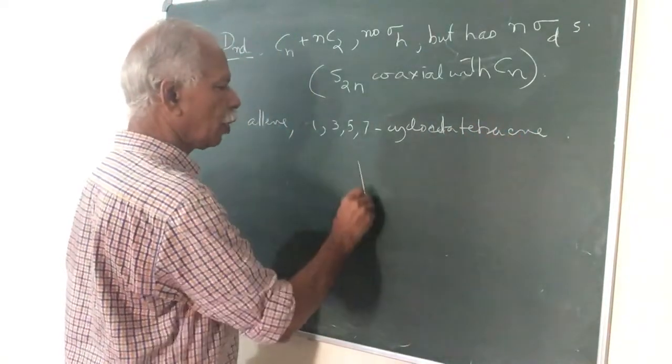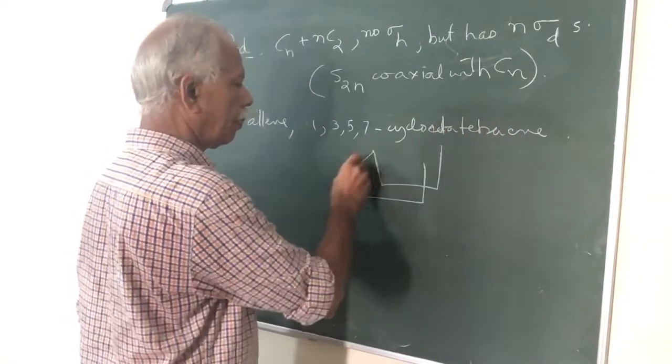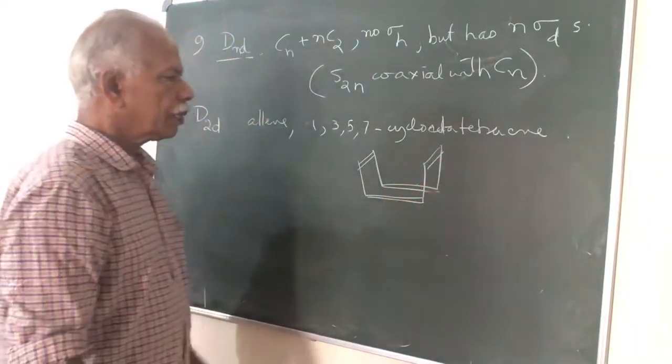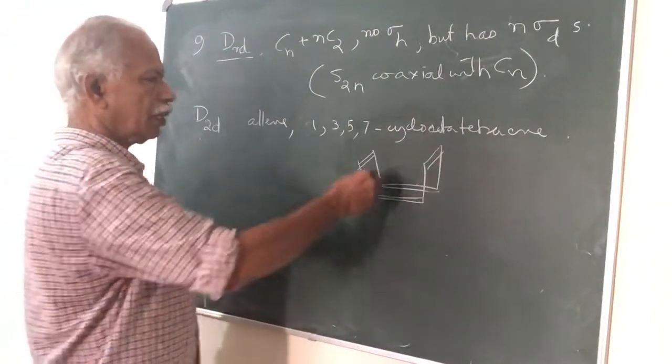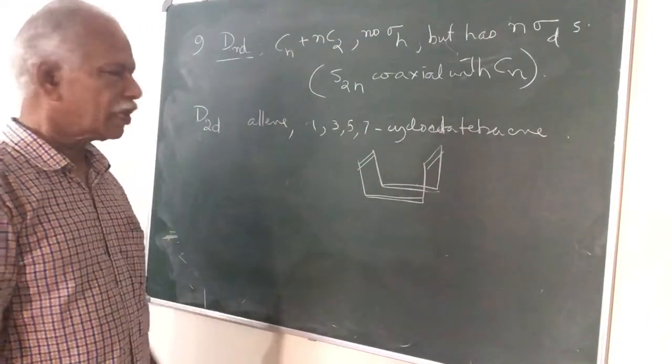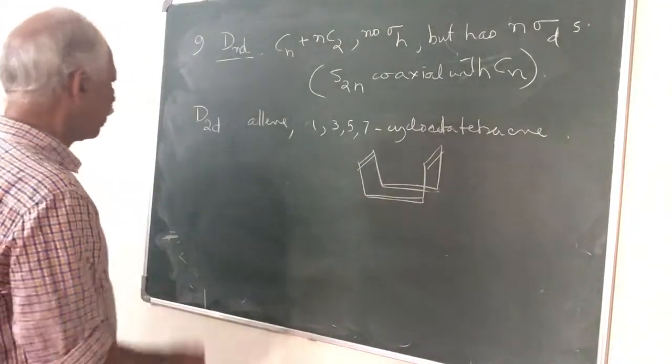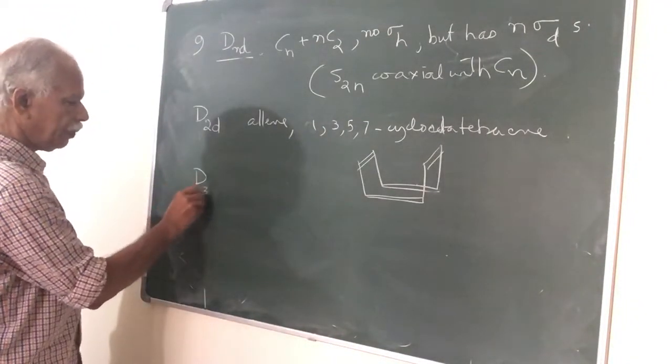It's a tub-shaped molecule. There are no methyl groups, so it has planes of symmetry, C2 axis, etc. And an S4 axis.